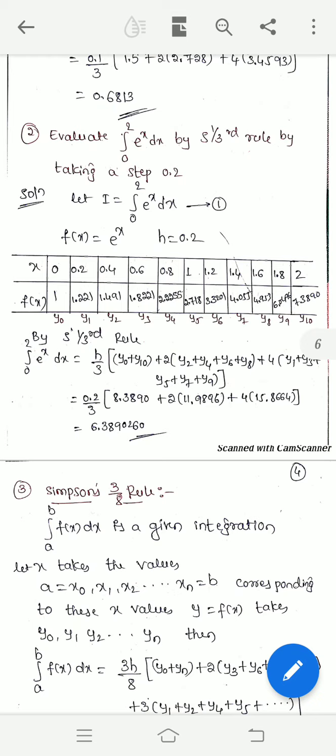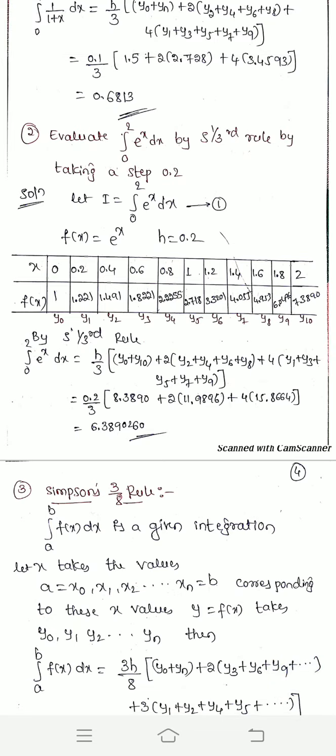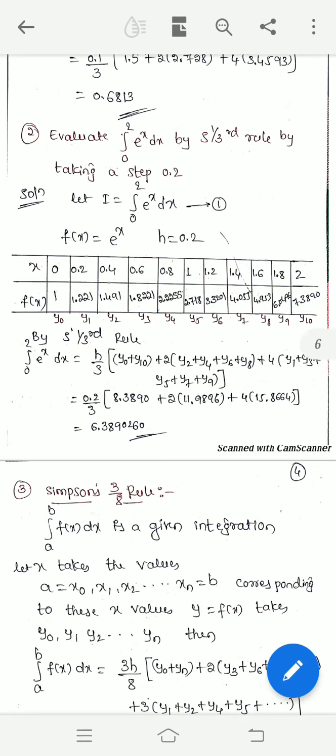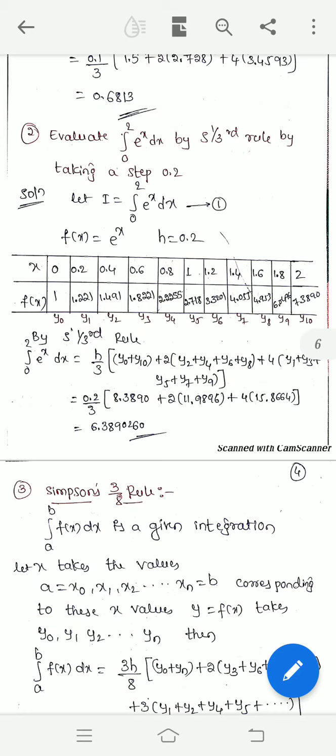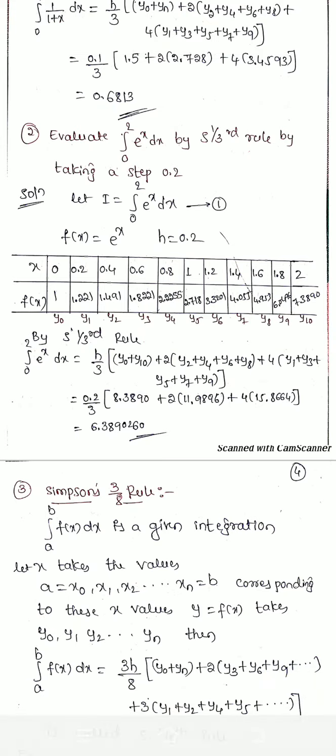This is one of the examples regarding Simpson's 1/3 rule. Similarly, take another example. Evaluate the integration from 0 to 2 of e power x dx by Simpson's 1/3 rule by taking the step 0.2. Here h equals 0.2, everywhere the difference will be 0.2.